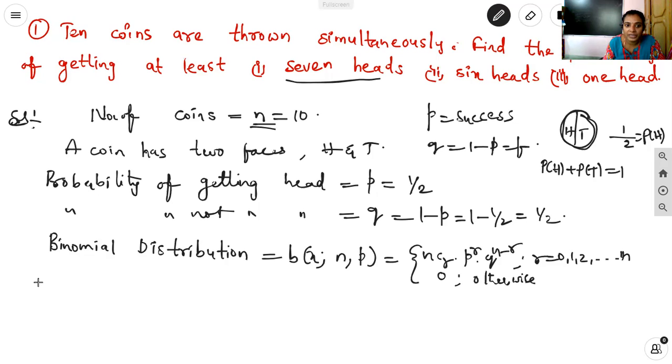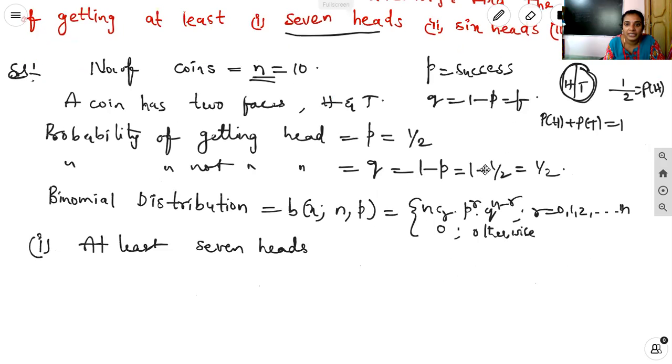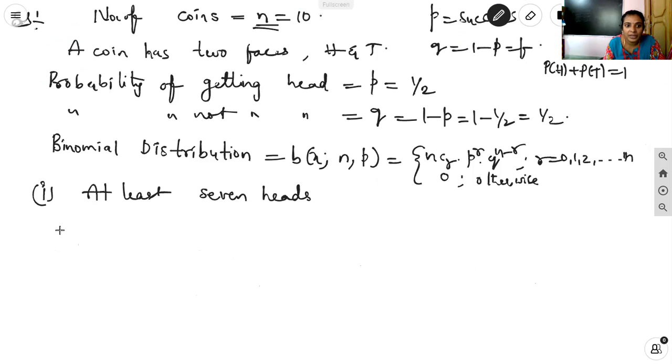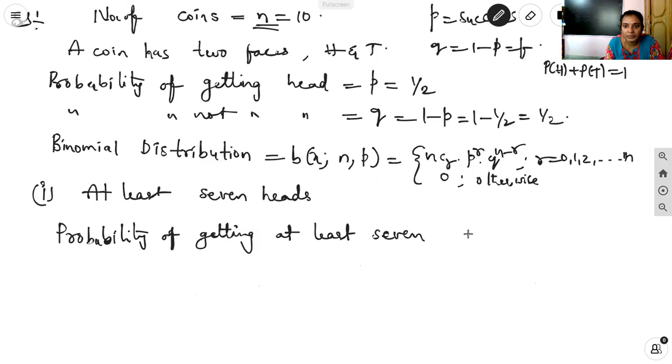In the first condition, at least 7 heads. The probability of getting at least 7 heads is equal to P of x greater than or equal to 7.